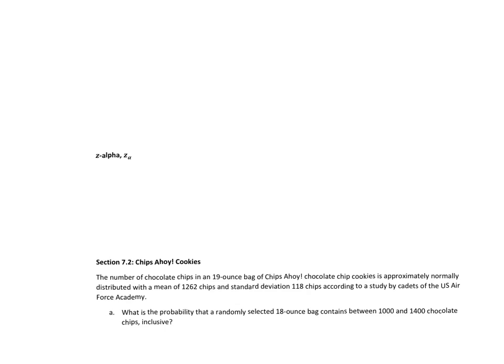Z alpha, again, get in the habit when you see Z, think standard normal curve. Okay, so again, that automatically means mean of 0 and standard deviation 1. Okay, so Z alpha is area to the right of a value. So let's say we're calling this Z alpha on our Z distribution.